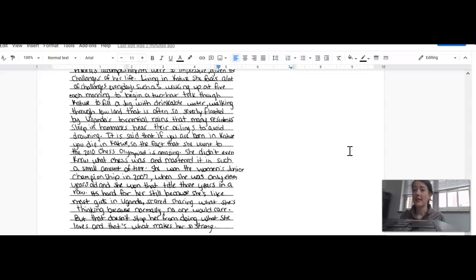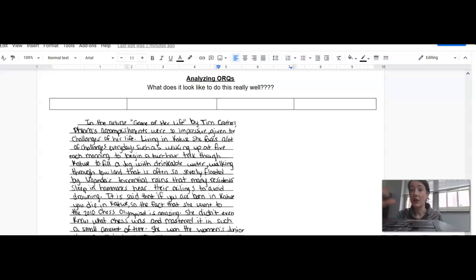And then the last sentence, that it doesn't stop her from doing what she loves, and that's what makes her strong. That's very general. I could say that a lot of people are strong. I can say a lot of people do what they love. Why is it unique in Fiona's situation? Why is her accomplishment so impressive?